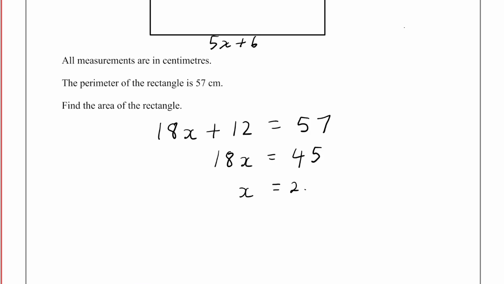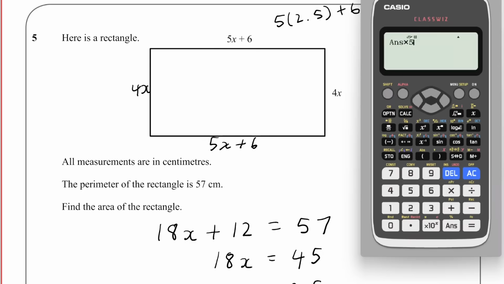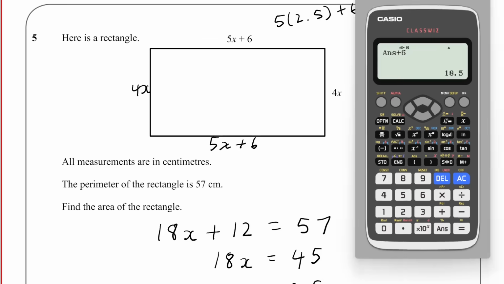X is 2.5. So now we know what x is. We actually know all of the lengths. So 4 times 2.5, 4 2.5s make 10. And 5 2.5s plus 6 is 18.5.